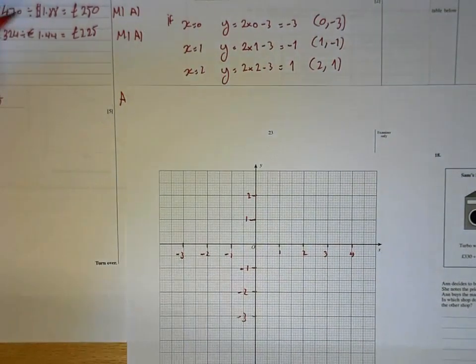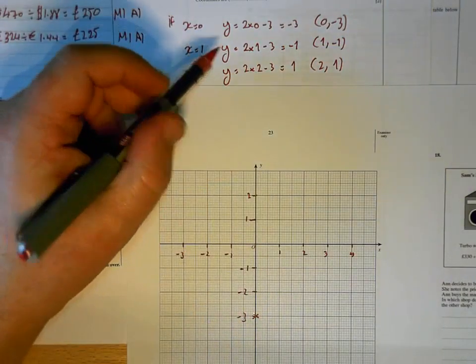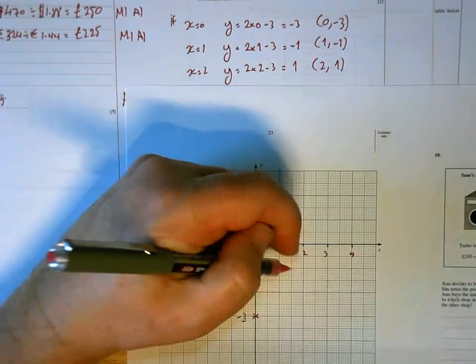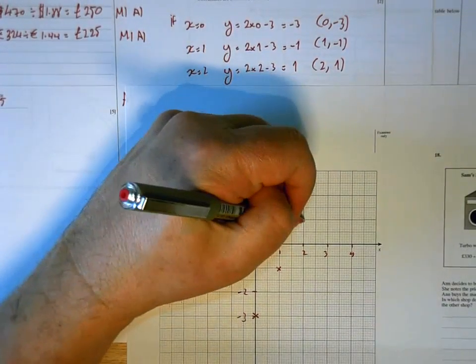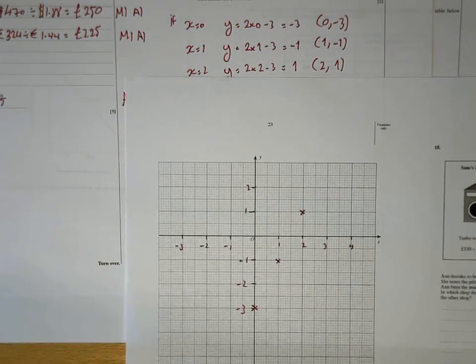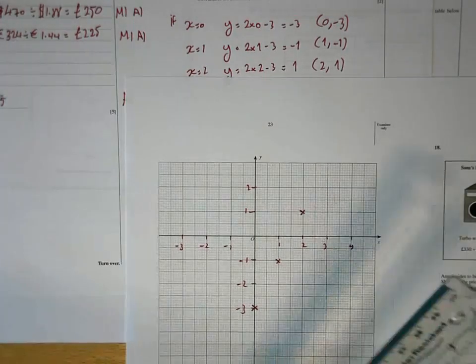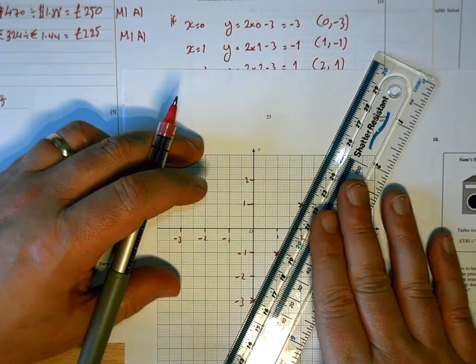Let's plot the points. 0, negative 3. 1, negative 1. 2, 1. Now, if those lie in a straight line, I'm really confident that I've done that correctly. If one of those knocks out the straight line, I've made a mistake, I need to go back to my maths. Looking at that by eye, I'm feeling pretty good that that's going to lie in a straight line. Yes, it does.